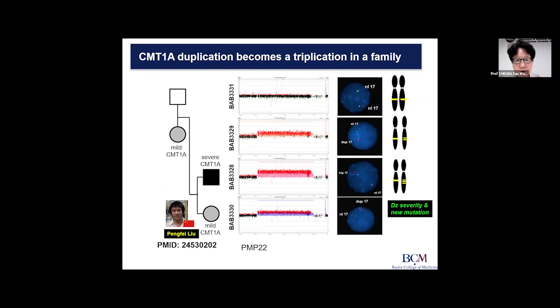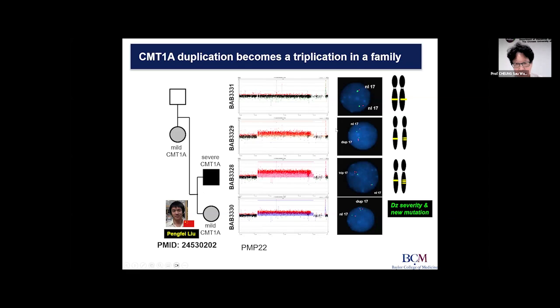For the example of triplication, Peng Fei Lu wrote this paper. There's the PMID if you're interested in reading the article. You just write down this number, go to PubMed, and then you'll get the article. They studied a family, this is the father and this is the mother, and the mother has the CMT.